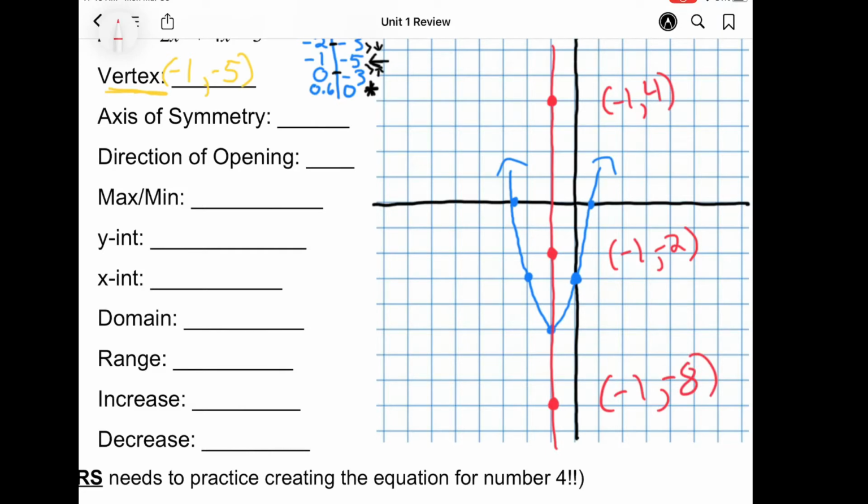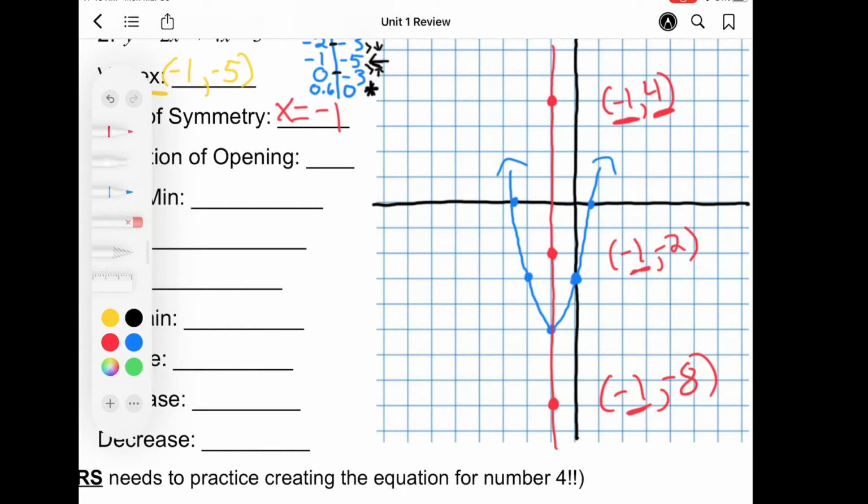What value stayed the same amongst these 3 points? The X value or the Y value? The X value. So to represent this line, we're going to say X is going to equal -1 because our X's stayed at -1 no matter where we were on the line.